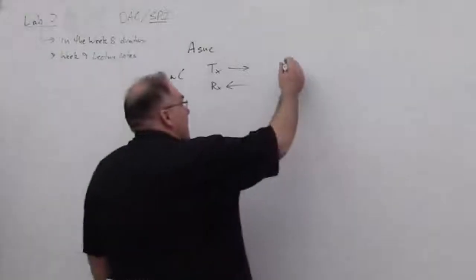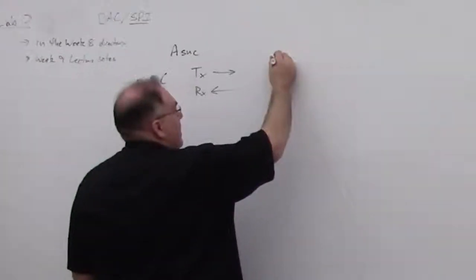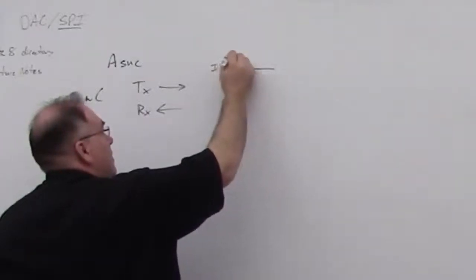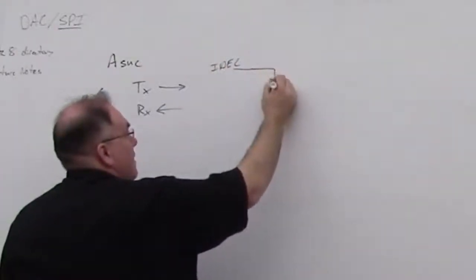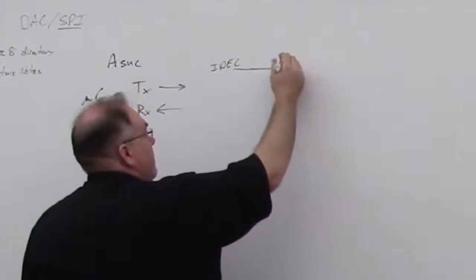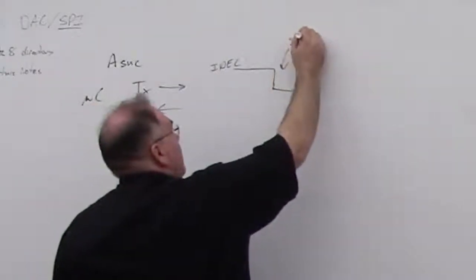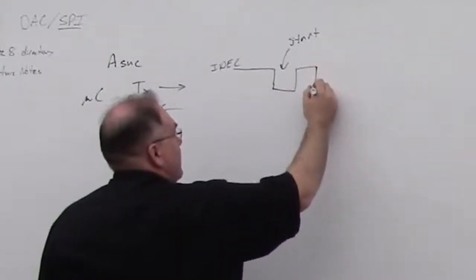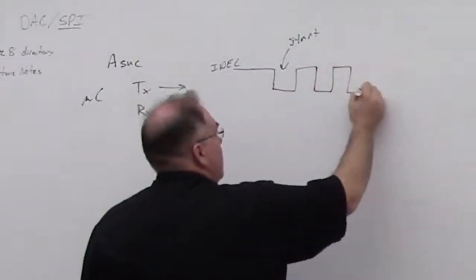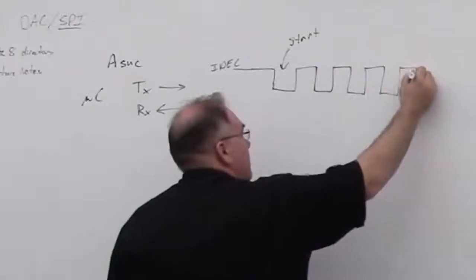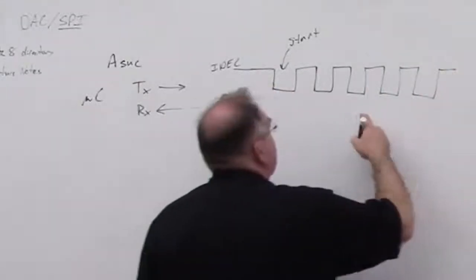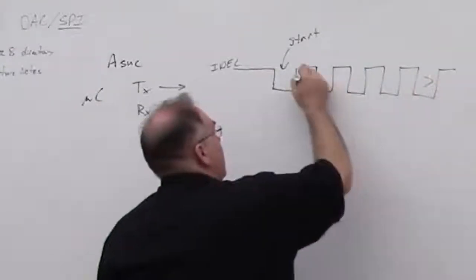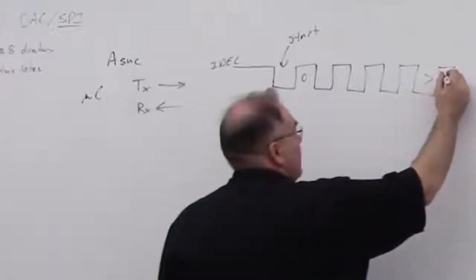And when we looked at that data, we would have an idle line, and then we would have a start bit that was always low, and then we have 8 data bits. And a stop bit.